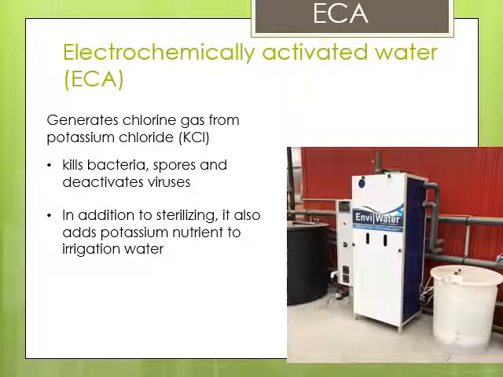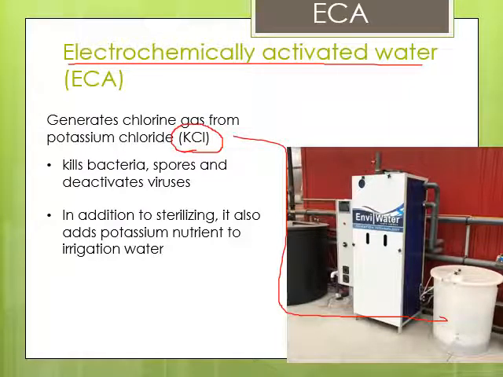Another system that is good at sterilizing water, and this is more popular in the ornamental world, and really only in the last 5 years have people started installing these. Essentially, it's like a saltwater pool chlorine generator, and they're actually called electrochemically activated water, or ECA water. What you do is you put in potassium chloride. So in this tank here is potassium chloride.